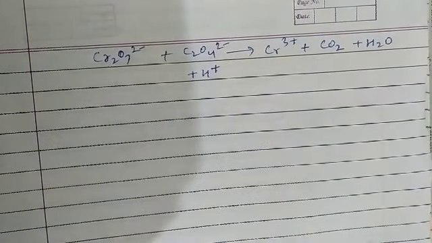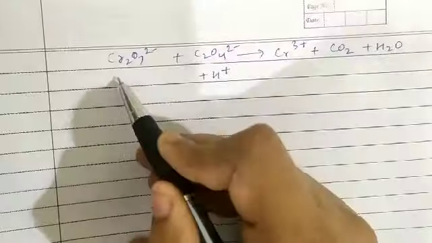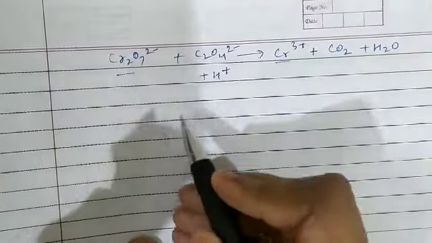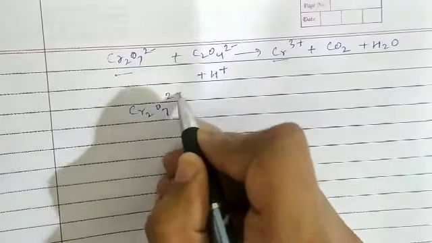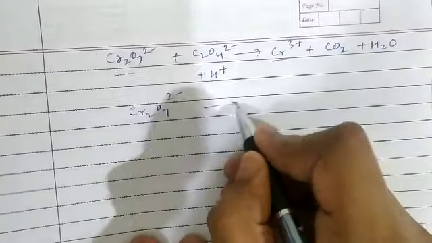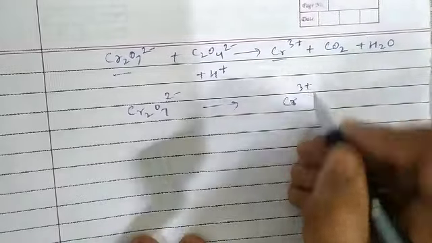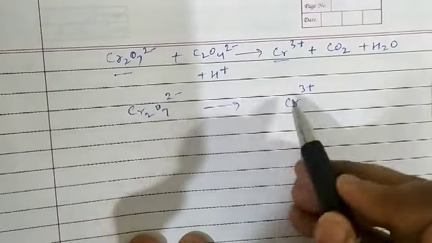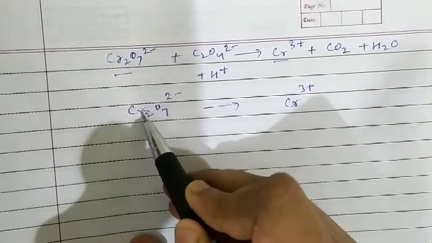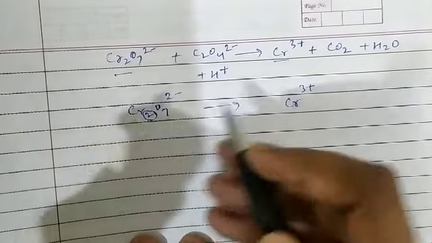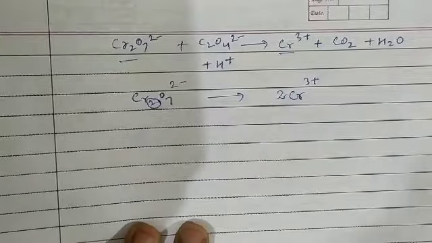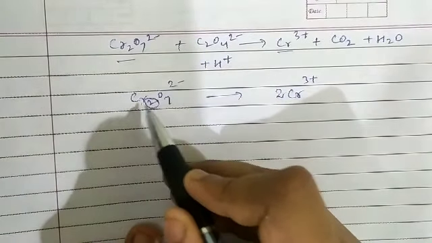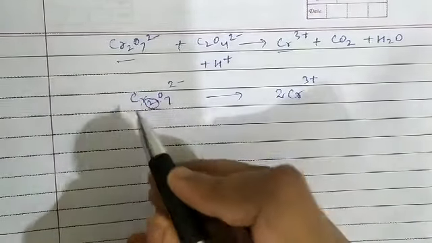Now write the two half reactions. First I am writing the reduction half. For the reduction half, the reaction is Cr2O7 2 minus changing into Cr3 positive ion. First balance the other atoms: there are 2 atoms of chromium, so balance chromium, 2 chromium atoms. Now find the oxidation number: 2x minus 14 equals -2.